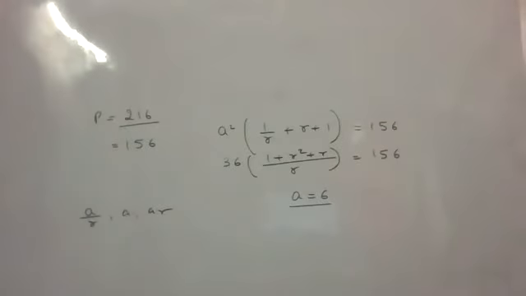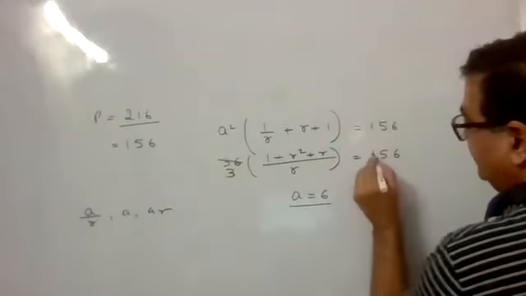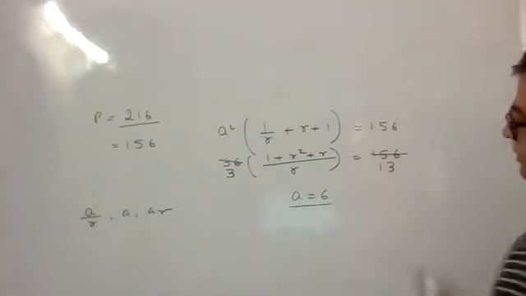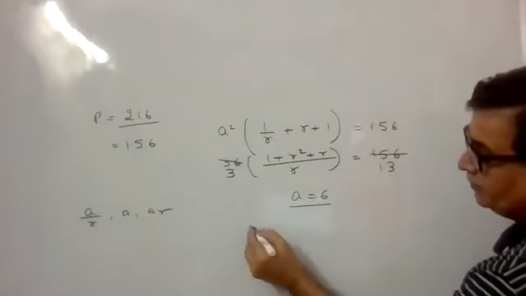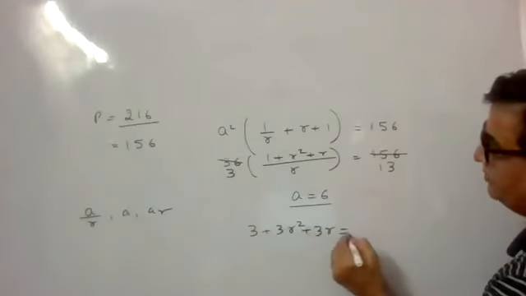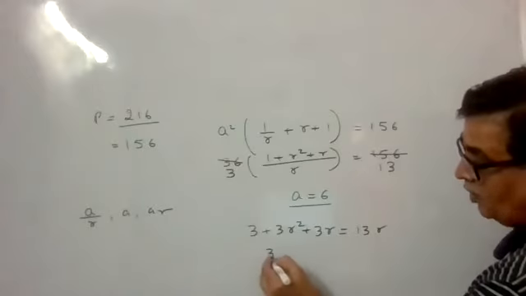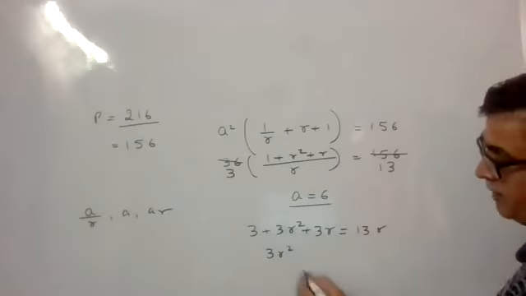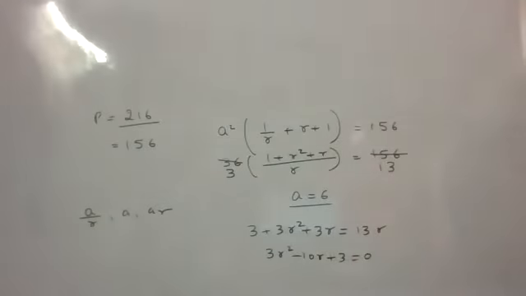By 12 it will cancel out. 3 and 13. Then this result comes out to be 3 plus 3R square plus 3R equals 13R, so 3R square minus 10R plus 3 comes out to be 0.